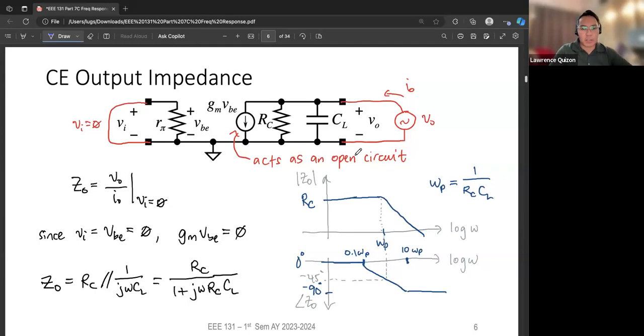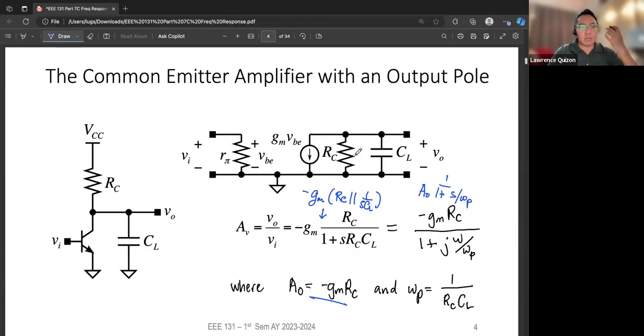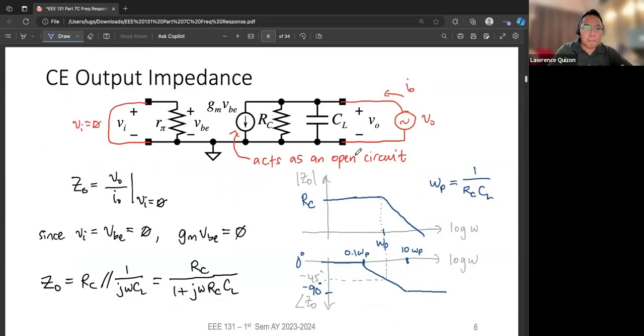okay, what do we know so far? We added a load capacitance to the circuit and ended up with an output pole for the voltage gain. But we can also think of this as adding a frequency response to the impedances of the system.